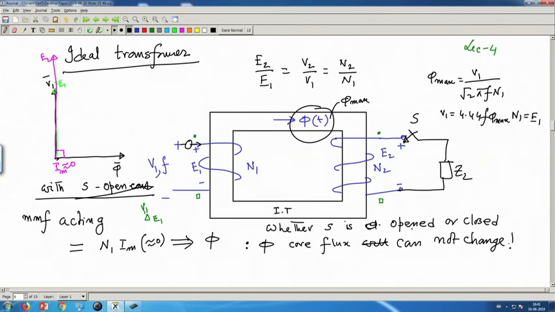If earlier it was phi max sin omega t, it will still be phi max sin omega t. S is opened or closed, it does not matter.